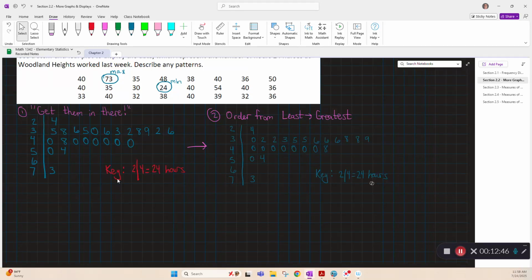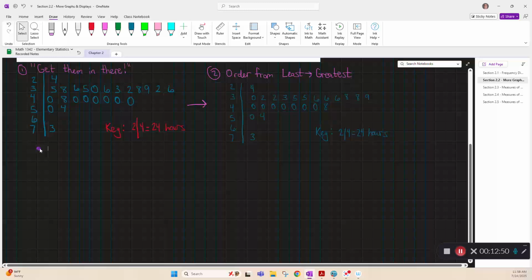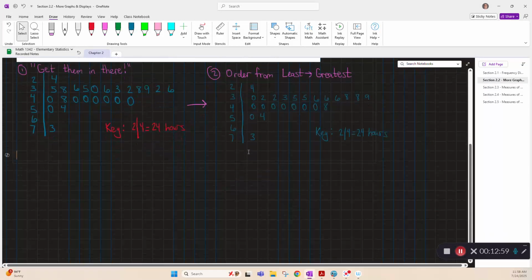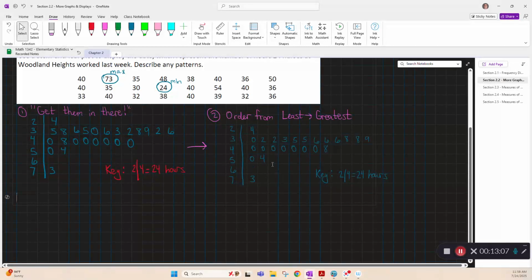Now they ask us to describe any patterns that we might see. So I'm going to come in here. What patterns can you see from looking at this stem and leaf plot? Well, let's see.